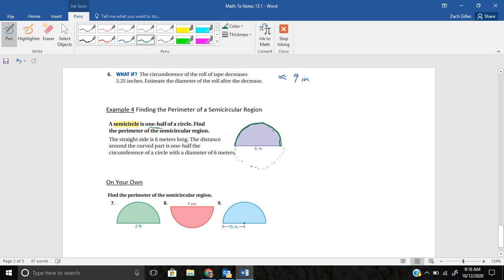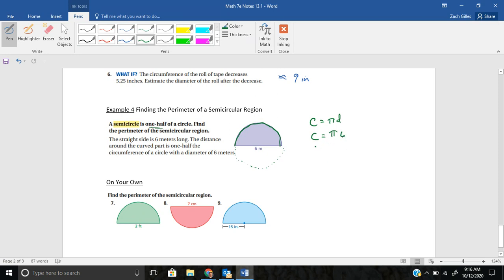Okay, so let's use our circumference formula. Circumference equals pi times diameter. All right, pi times my diameter is, the distance across this circle is 6 meters.